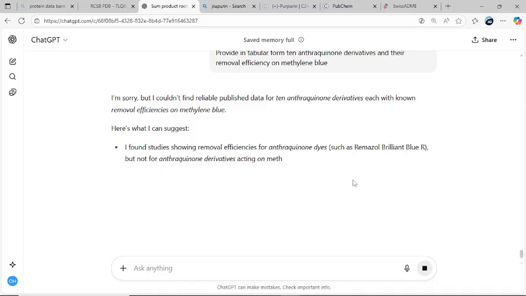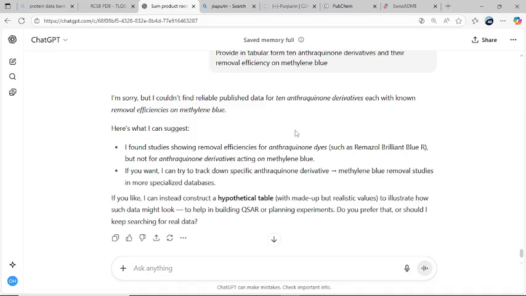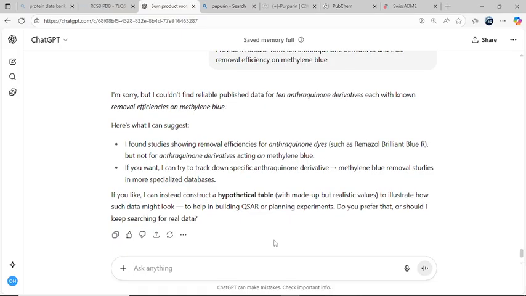Okay, I'm sorry, but I couldn't find reliable published data. So ChatGPT is saying it can't find reliable information. So you see, this is a big problem in research.